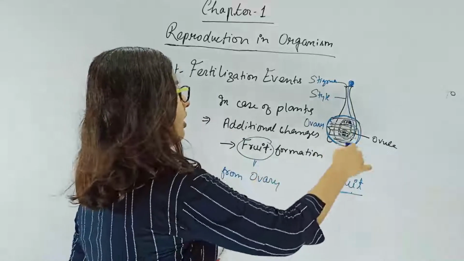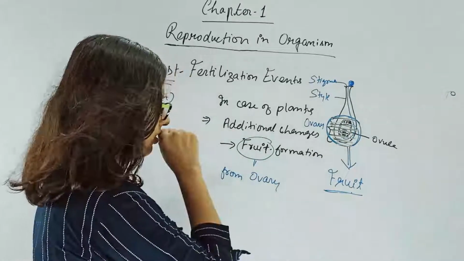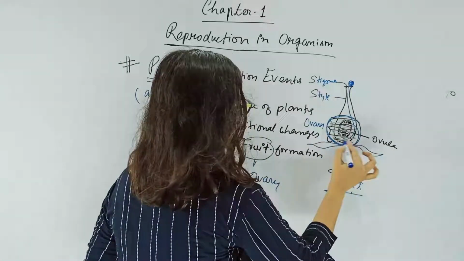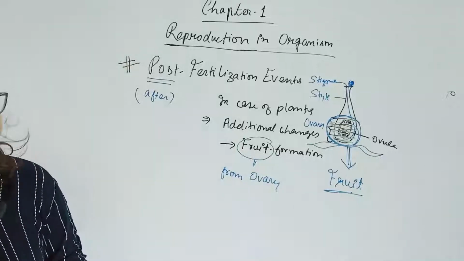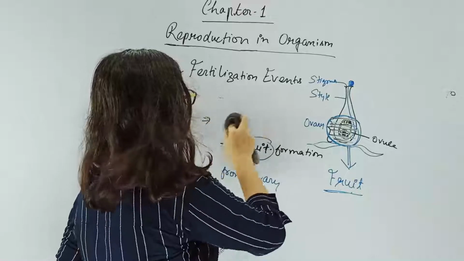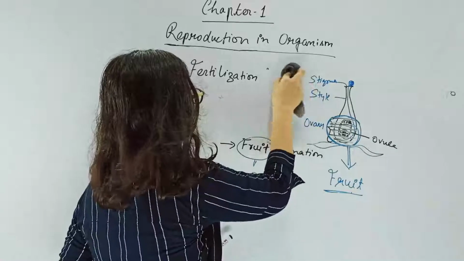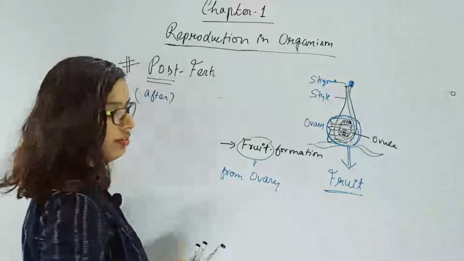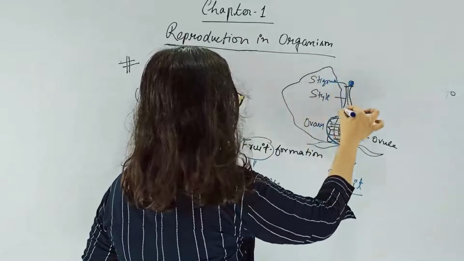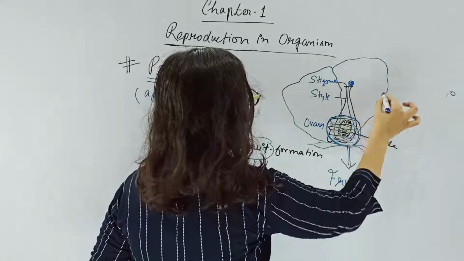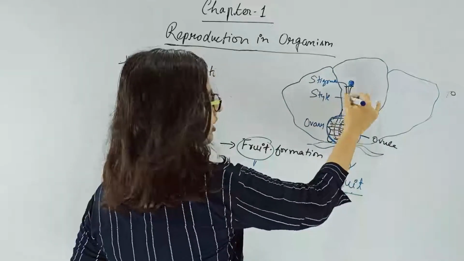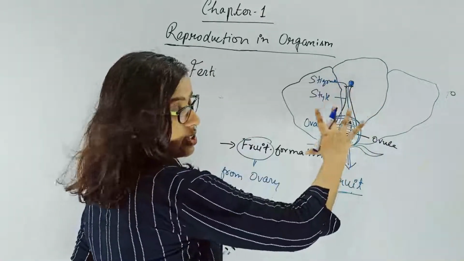So when the ovary turns into the fruit, the other parts of this flower, if you have studied the structure of flowering plants in your class 11th, there are petals, the corolla, then there is the calyx, and there is the female reproductive structure.